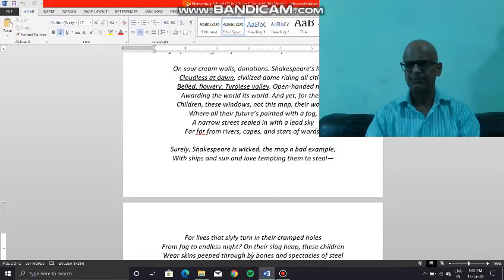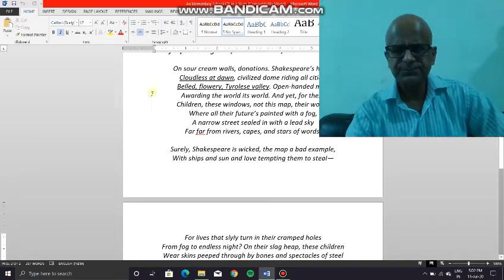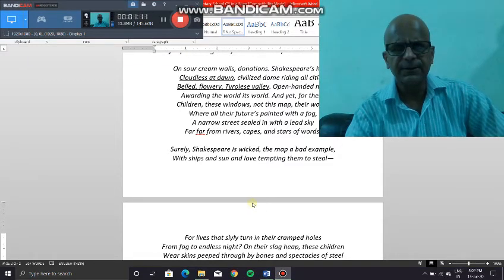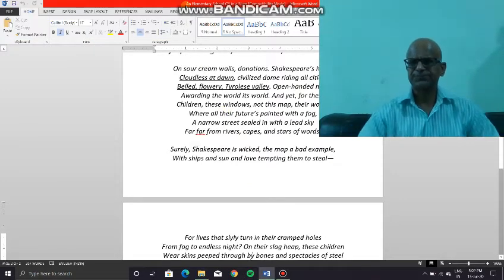Next, he talks about the map. Here, in this particular stanza, he talks about the map also. He talked about the map in the previous stanza also. He says the map is a bad example. Why? Because children learn by way of examples.